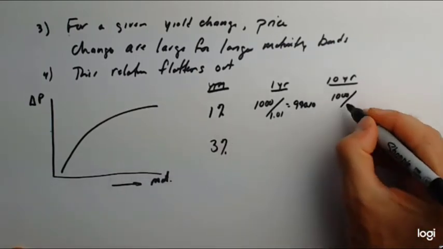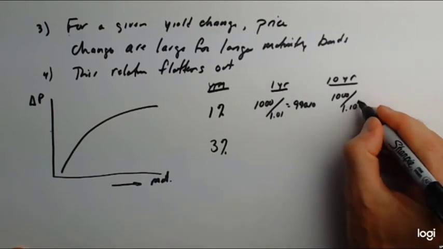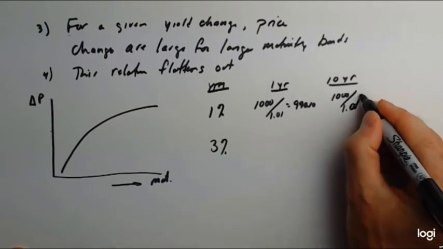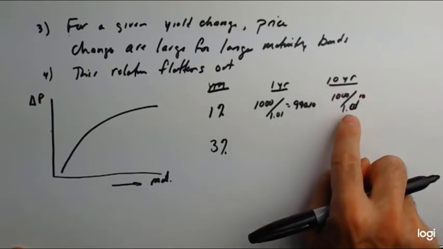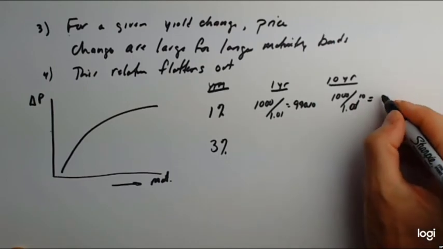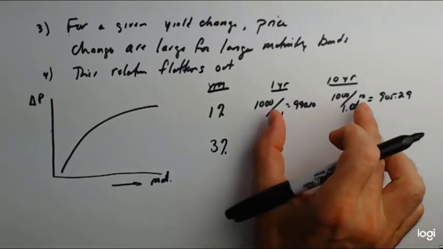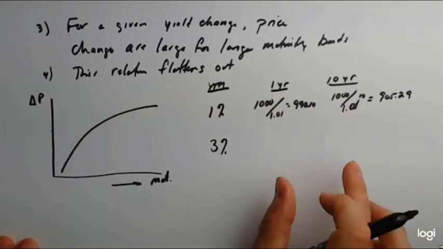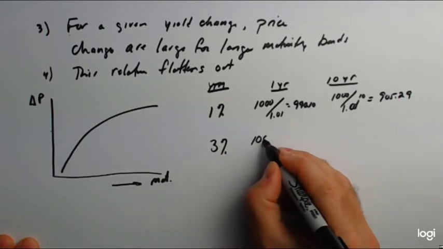And if you have a zero that matures in 10 years and the yield to maturity is 1%, your 1,000 is calculated as 1,000 divided by 1.01 to the 10th power, and that gives us 905.29. So two different zeros at a yield to maturity of 1%. Now let's look at the same zeros at 3% yield to maturity.